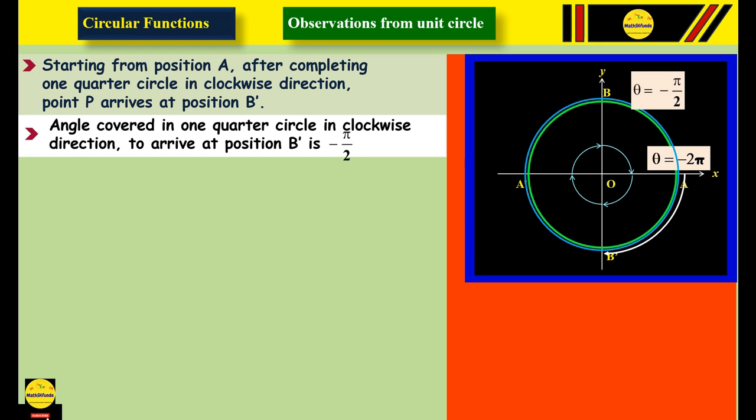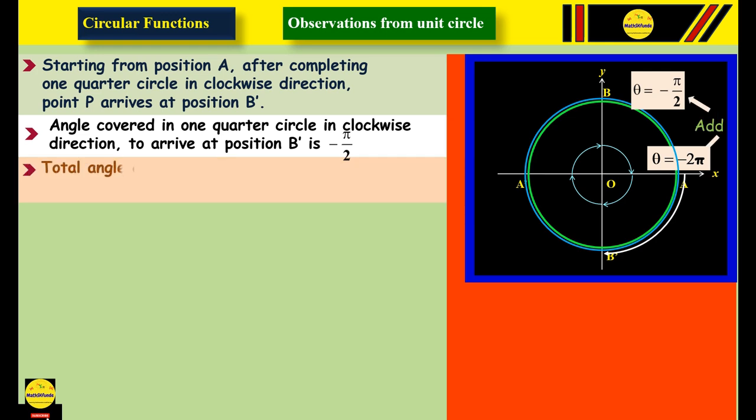Remember one thing: if you want point P not to leave its position, either you add 2 pi or you add minus 2 pi. Here we add minus 2 pi because point P was moving in clockwise direction.